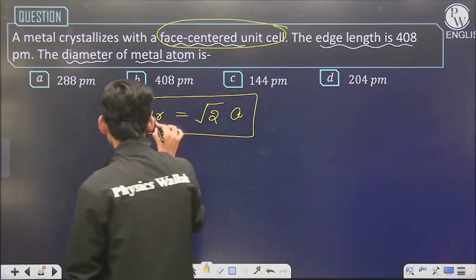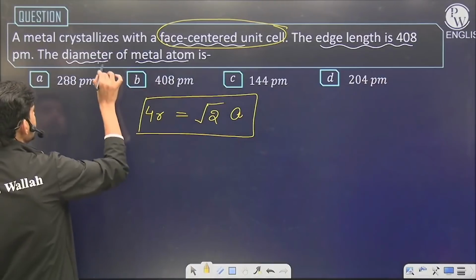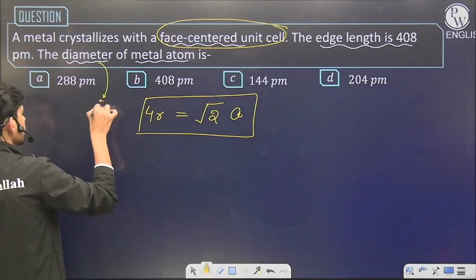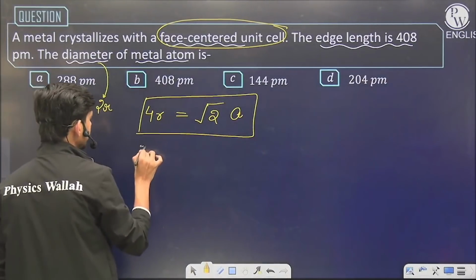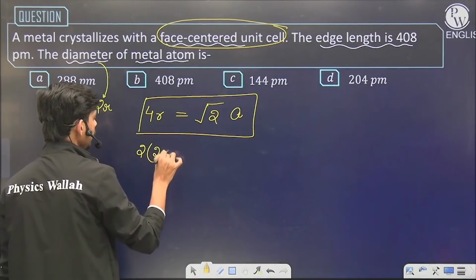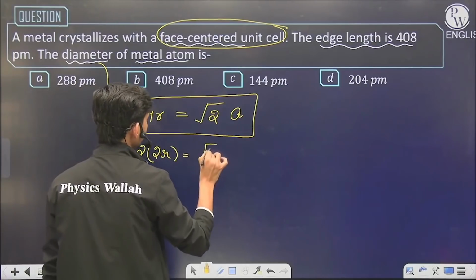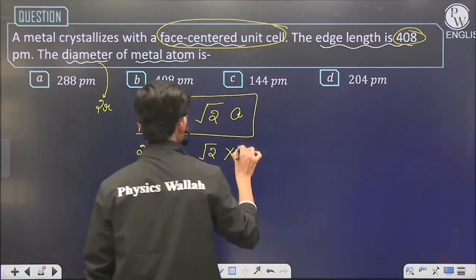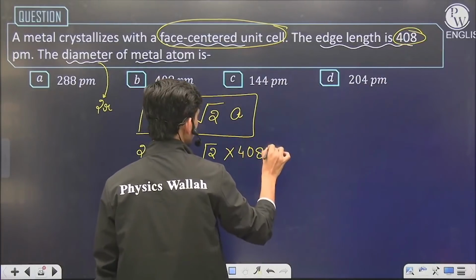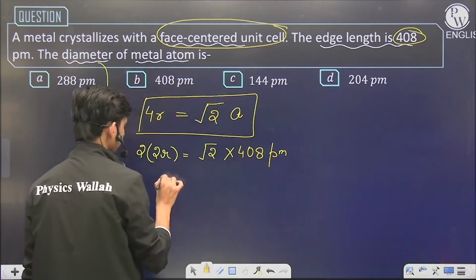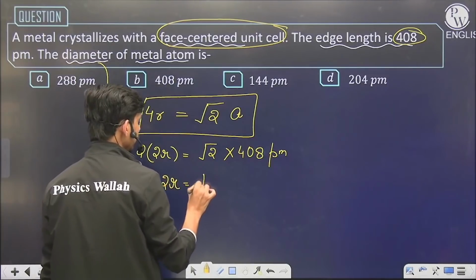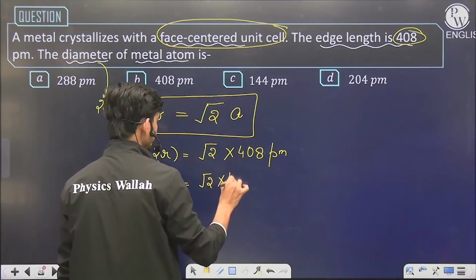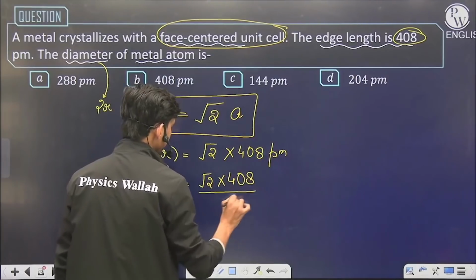Now we have to find the diameter, so we have to find twice r. So this can be written as 2 times twice r is equal to under root 2 into edge length. The edge length is given as 408 picometer. So from here the diameter will be under root 2 into 408 divided by 2.